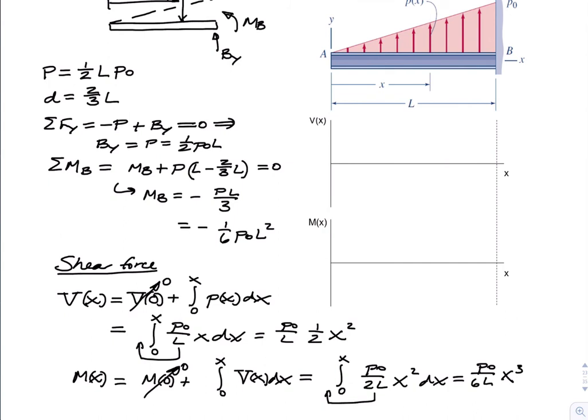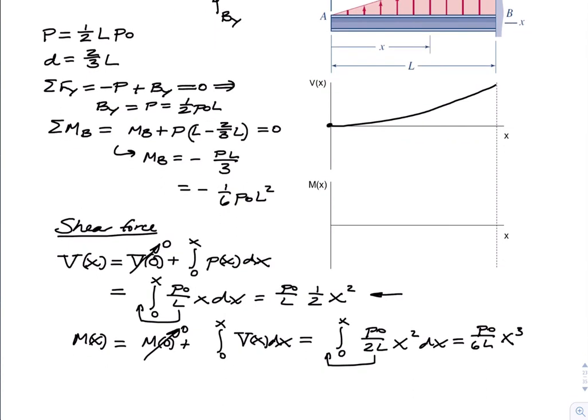Make a sketch. Well, we know the quadratic function here for V is going to be one that looks like this. The reason I know it looks like this is I know that it starts out at 0 and the slope is 0, because keep in mind that dV/dx is equal to P. So if P is 0 over there on the left hand side, so is dV/dx.